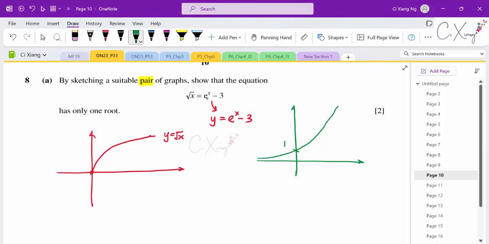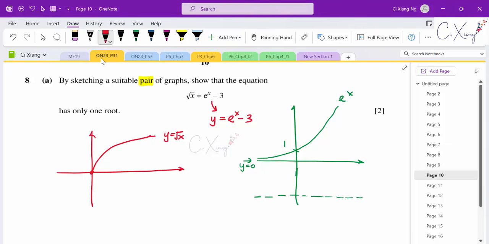If I want to have e power x minus 3, minus 3 means that you minus the 3 outside the basic function, which also means that you have to move the graph 3 units downward. When you move it 3 units downward, originally this line is y equals to 0, so bringing it 3 units downward means that you're having y equals to negative 3 now.